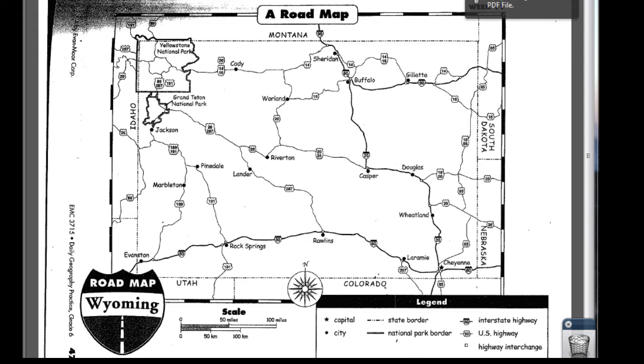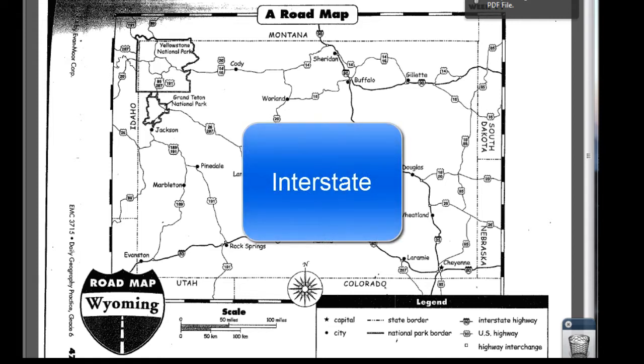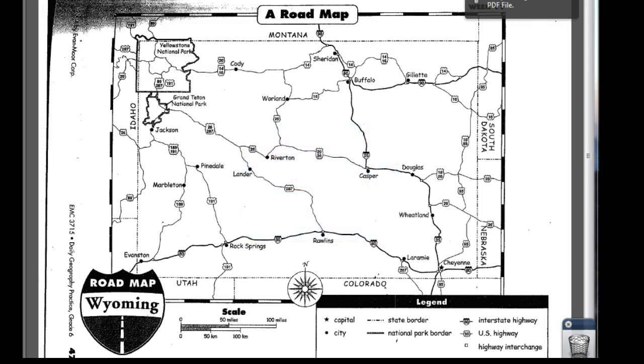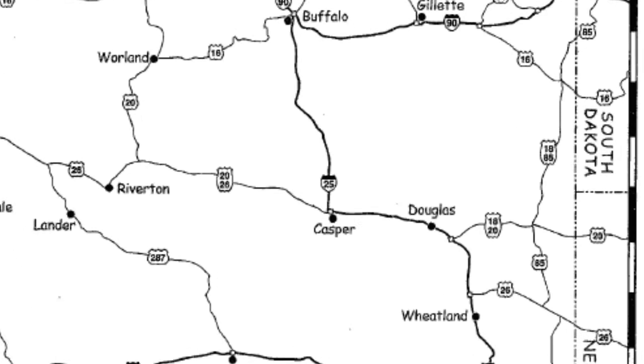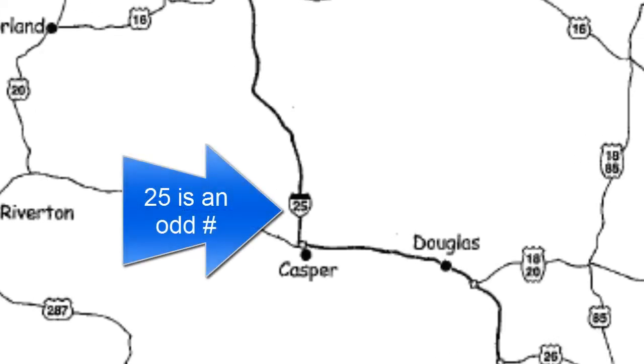Now, you should know that the interstate highways are part of a national network of connected roads. So these roads are connecting lots of different states, and you can travel on one of these interstates from one state to another, just as the name implies. I'm not sure if you knew this, but our interstates that travel east and west have even numbers, and those that travel north and south have odd numbers.